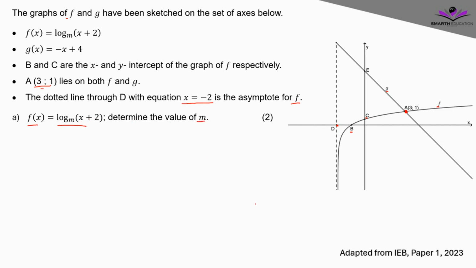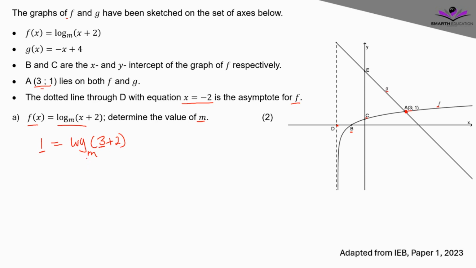Right. So what do we do here? You can substitute any point on the function f(x). So we have point A, where x is 3 and y is 1. So we substitute where this f(x) we put 1, where this x we're going to put 3. So it becomes 1 = log(3 + 2) base m. So we have substituted our x and our y.